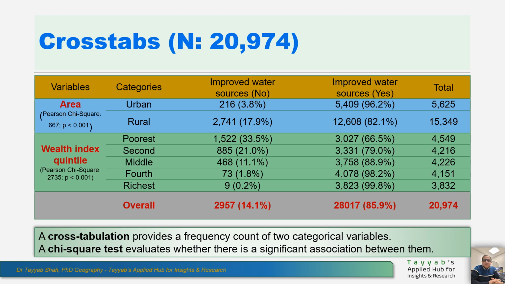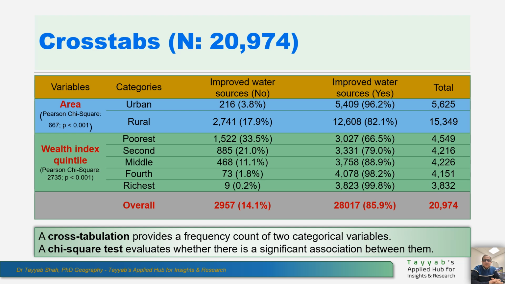Before discussing these terminologies, let's have an overview of the cross tabulations we did last week, where we took two variables, area and wealth index quintile. Area has two categories and wealth has five categories.